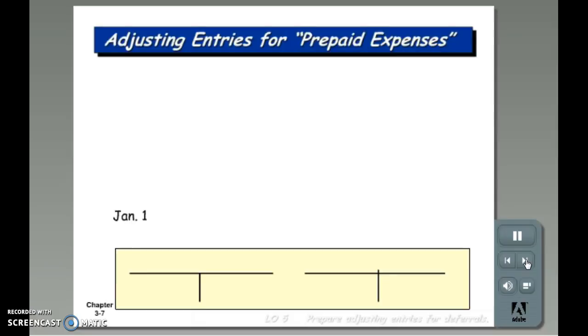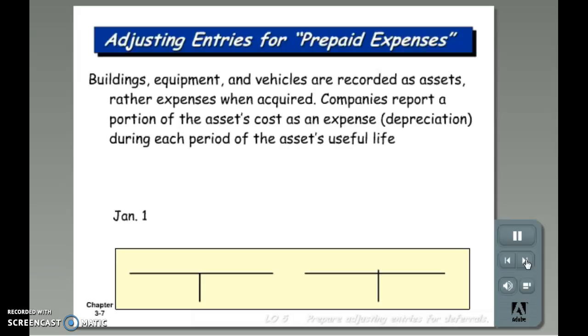Another example of adjusting entries related to prepaid expenses involves buildings, equipment, and vehicles, commonly reported under the plant, property, and equipment asset category. Companies spread the cost of these assets over their estimated useful lives in a process involving depreciation.